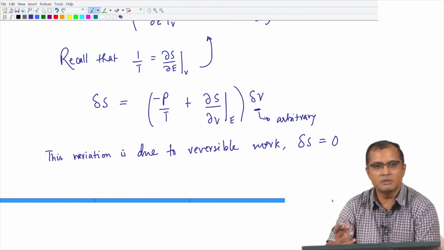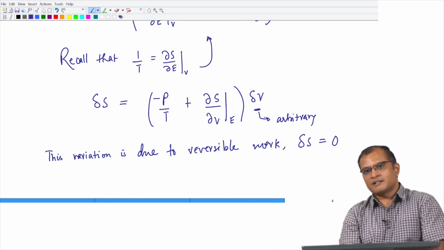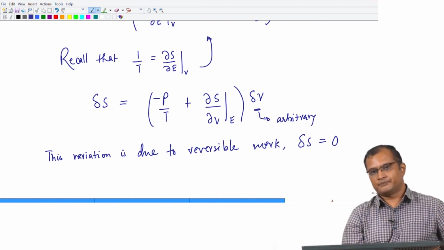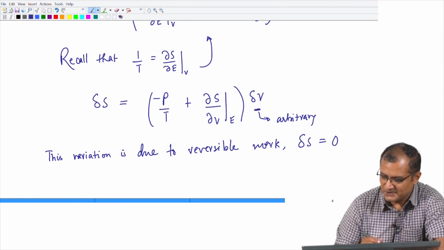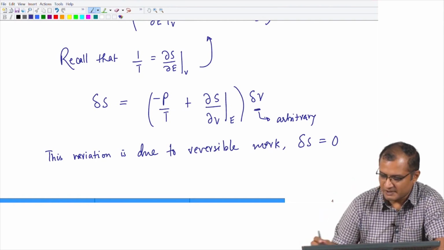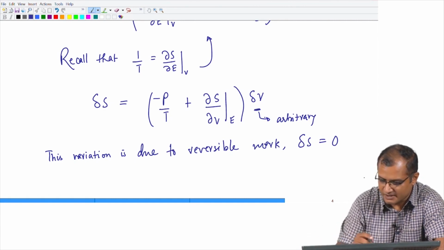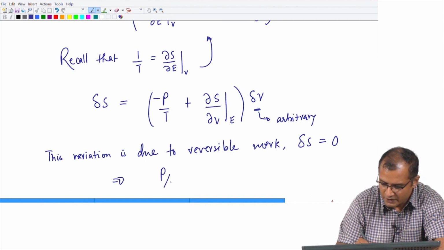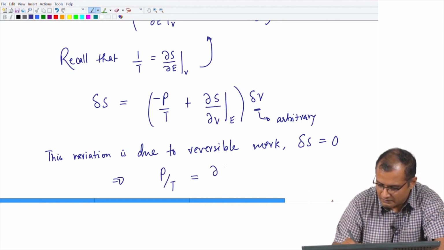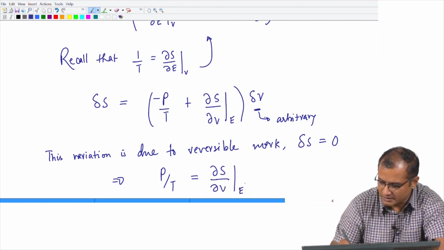A product of two numbers is 0, and one of them is arbitrary, well, you will say that the other number has to be 0, because I can take delta V to be non-zero. So, the product will go to 0 only if the prefactor, which is what I have written in the parenthesis, is 0. So, I will write down P over T is equal to del S over del V at constant energy.